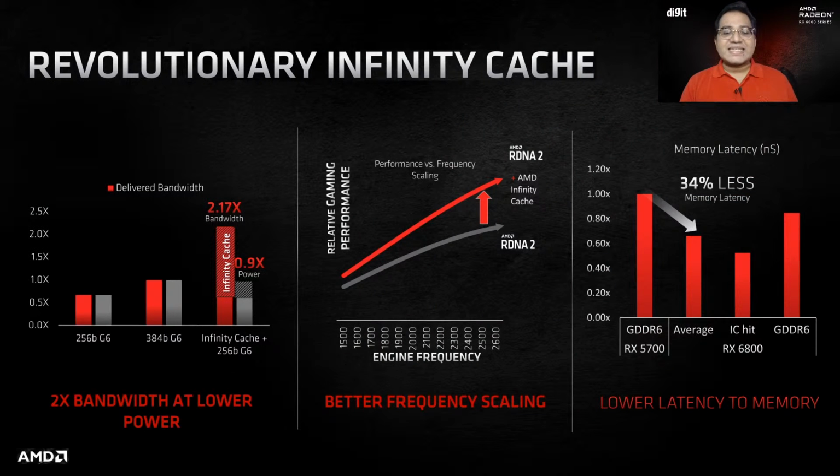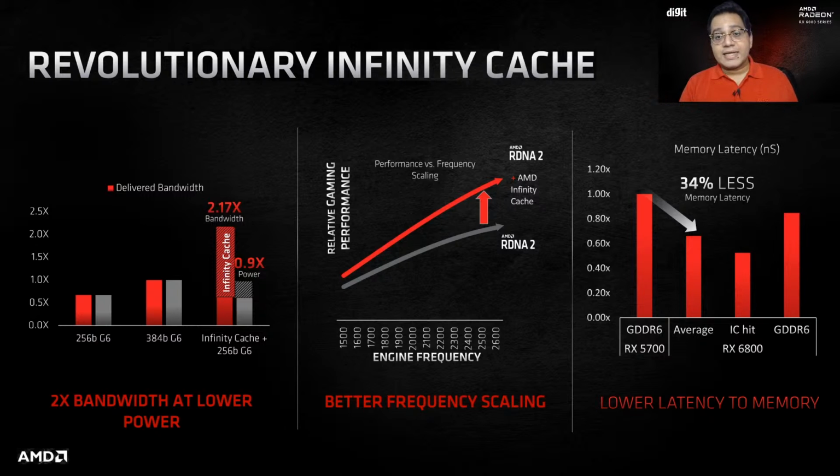And here we can see the impact of Infinity Cache. Straight up, we see an improvement in bandwidth at lower power. And then you get better frequencies because you now have more bandwidth to feed the GPU and also crunch out all the frames. And because the cache is huge and very close to the GPU, you have a lot more data stored much closer to the GPU, and you don't have to go all the way to, let's say, the RAM in order to pull whatever texture files that you need.